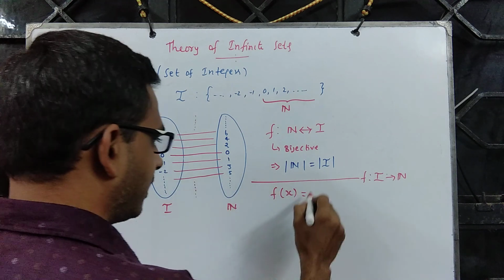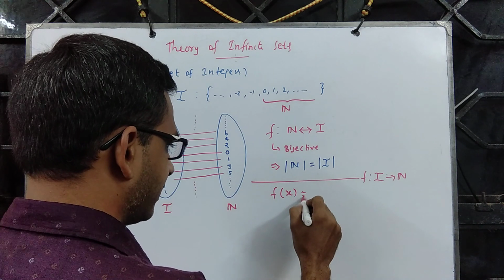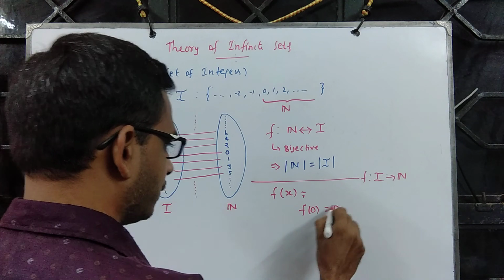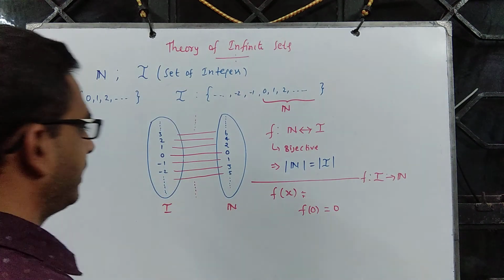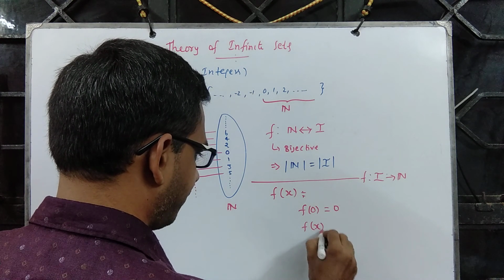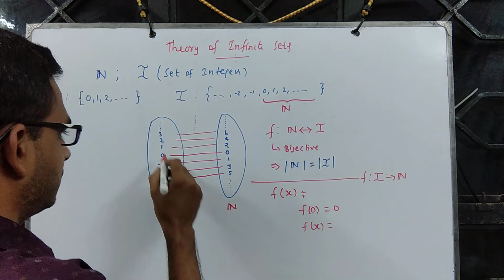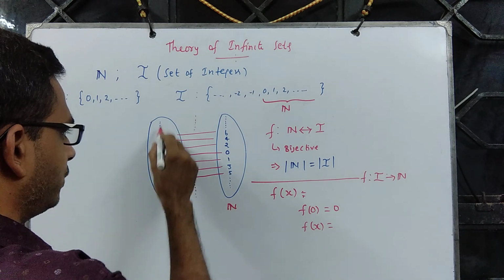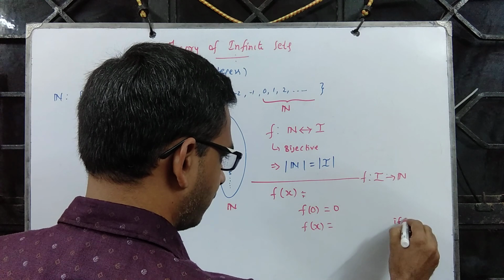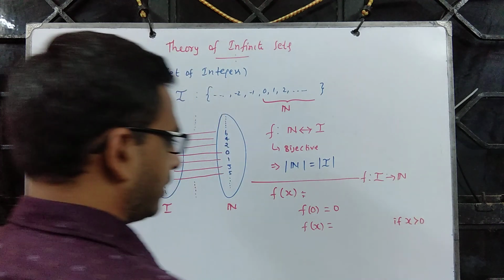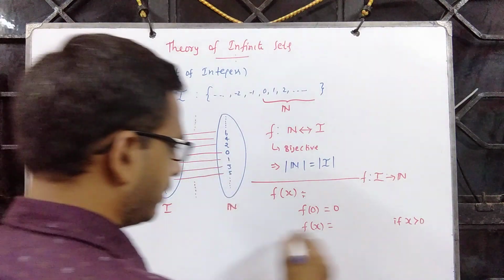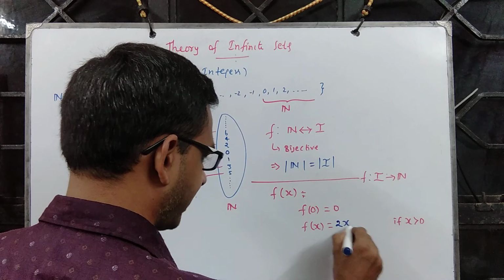You see that the mapping is like this. F of 0 goes to 0, correct? And f of x, suppose x is 1, 2, 3 and so on. Suppose x is positive, then the function says 1 is going to 2, 2 is going to 4, which means it is mapping to 2x.